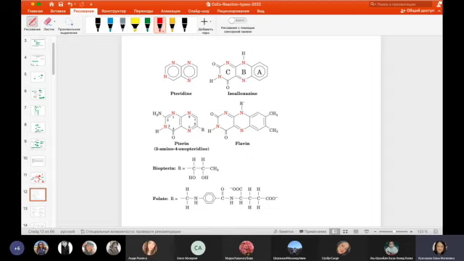Here you can see the ring of tetrahydrobiopterin, which is called the pteridine ring. This ring is similar to part of the isoalloxazine ring. The isoalloxazine ring is a component of B2, riboflavin. This part is similar to the pteridine ring of BH4.